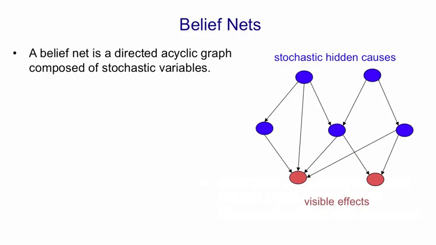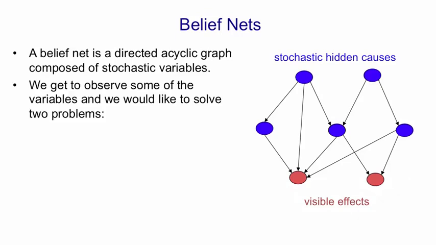In general, you might observe any of the variables. I'm going to restrict myself to nets in which you only observe the leaf nodes. So we imagine there are these unobserved hidden causes, and they may be layered, and they eventually give rise to some observed effects. Once we observe some variables, there are two problems we'd like to solve.